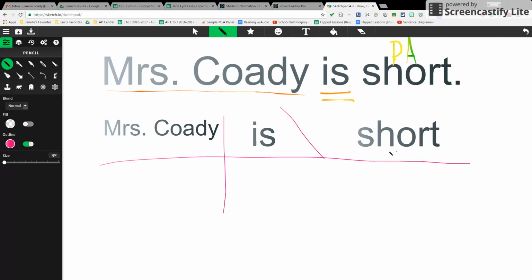That slanted line tells you that you have a complement. It's almost as if you could draw an arrow back to the subject. Mrs. Cody is short. The complement is referring back to Mrs. Cody. Okay, but you don't have to draw the arrow because this slanted line implies that arrow.